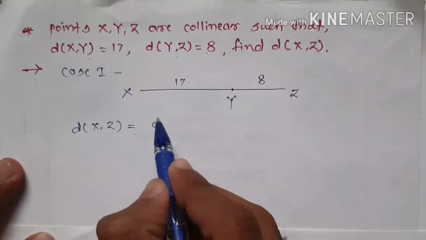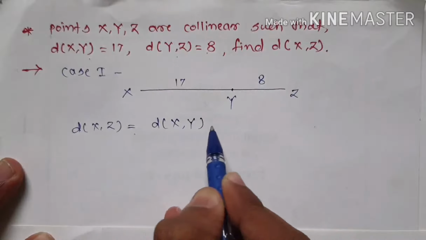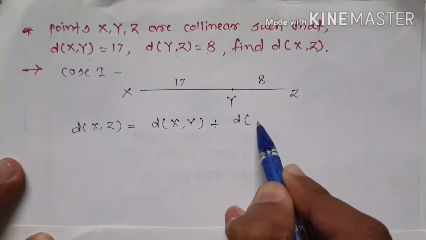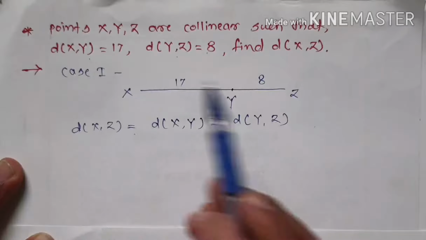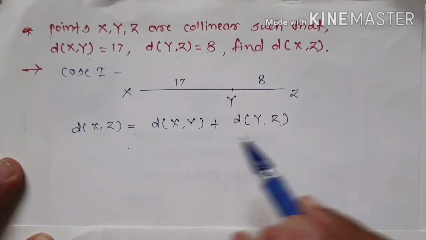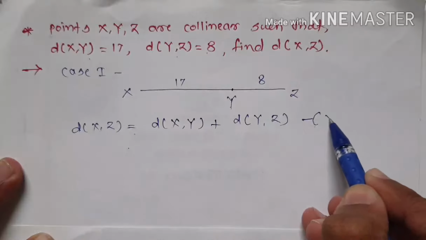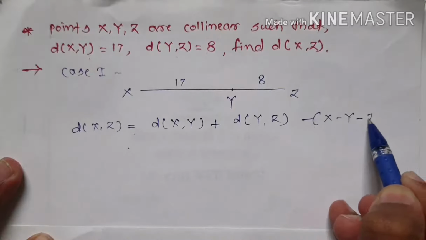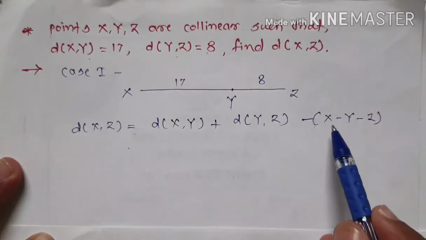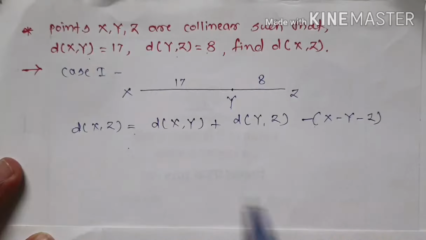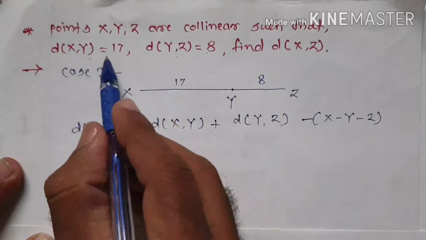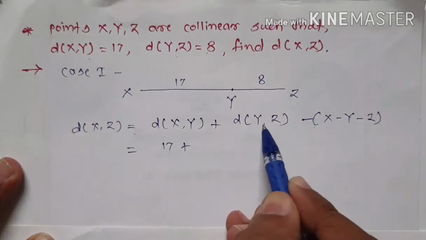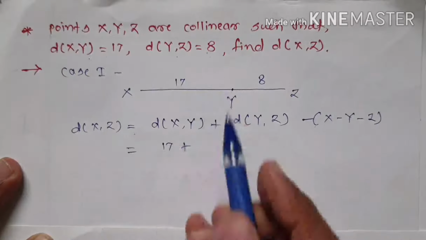Distance XZ is equal to distance XY plus distance YZ. As point Y is between X and Z, we can write this, because the reason should be there, X-Y-Z. That means points X, Y and Z are collinear points. Now here distance XY, which is given to be 17, plus distance YZ, which is also given to be 8.